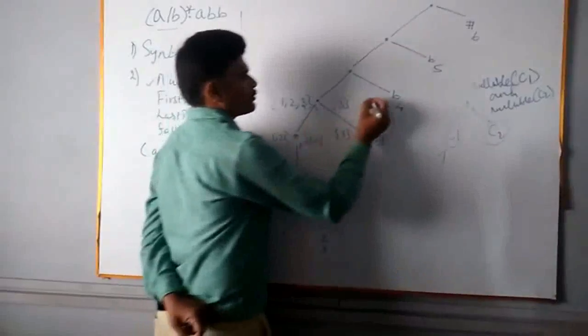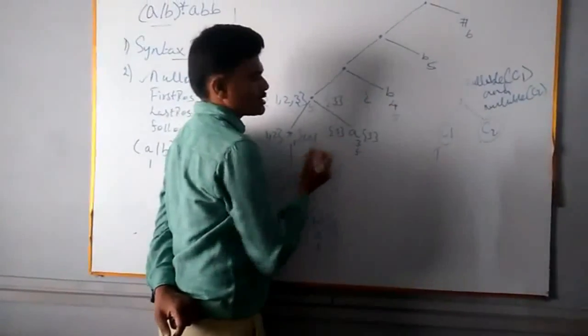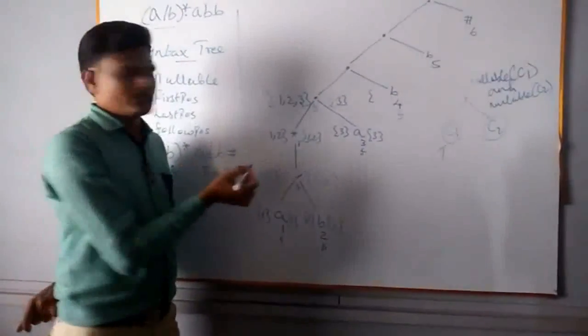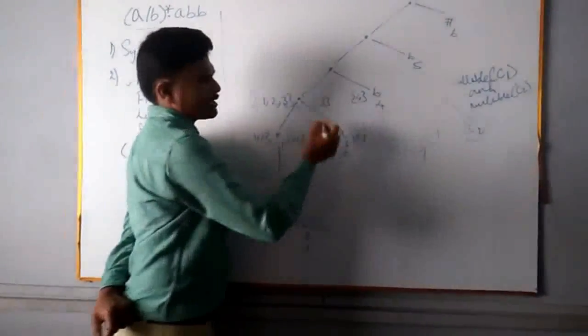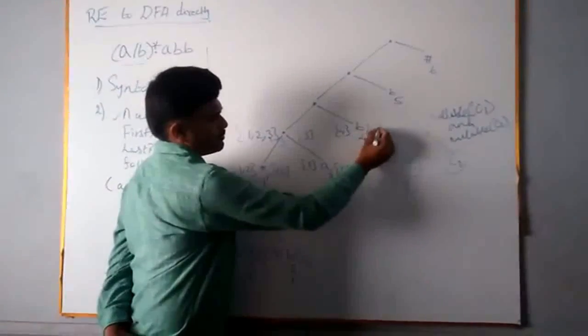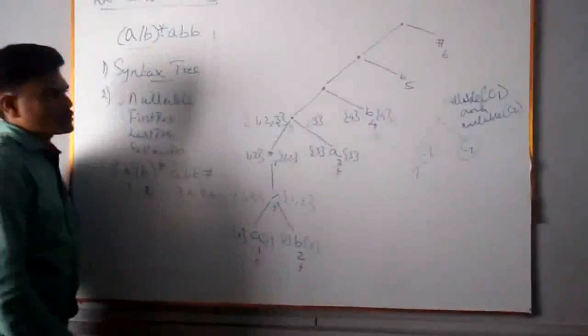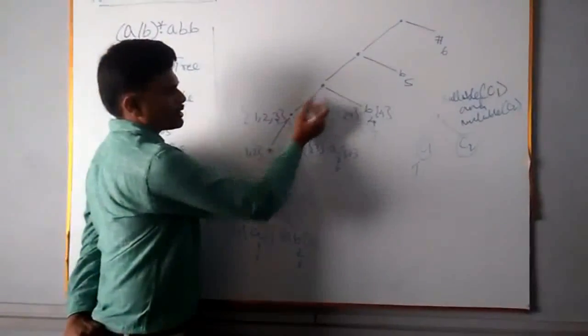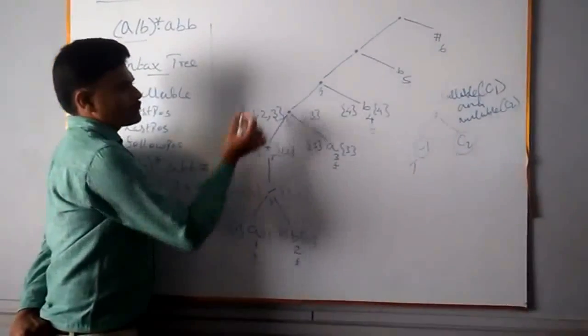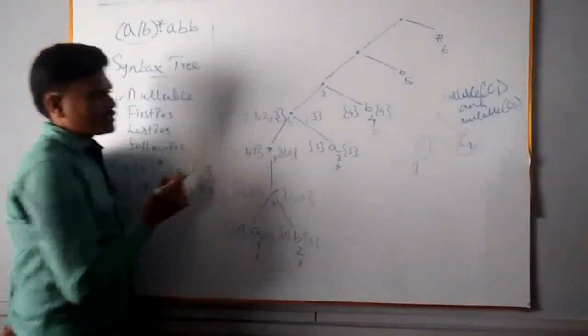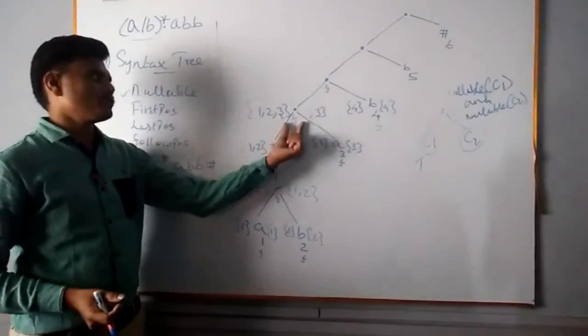And then now we have to find the first position. The first position value will be 4, since your position is 4, so here we will get a 4 for the first position and last position. And next we have to find it for this operator. False and false is false nullable value, and for finding the first position, here nullable of C1 is false.